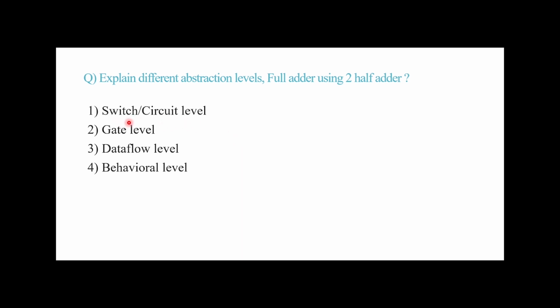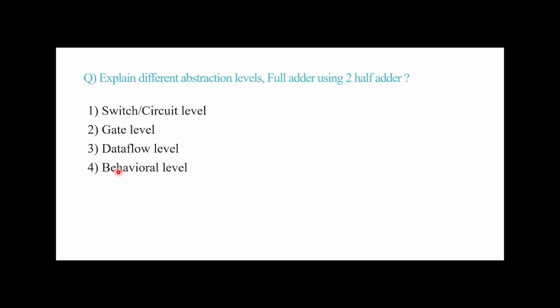First one is the switch, or we can say circuit level. Next one is the gate level. Third one is data flow, and fourth one is the behavioral level. So by these 4 ways, we can implement any circuit in Verilog.